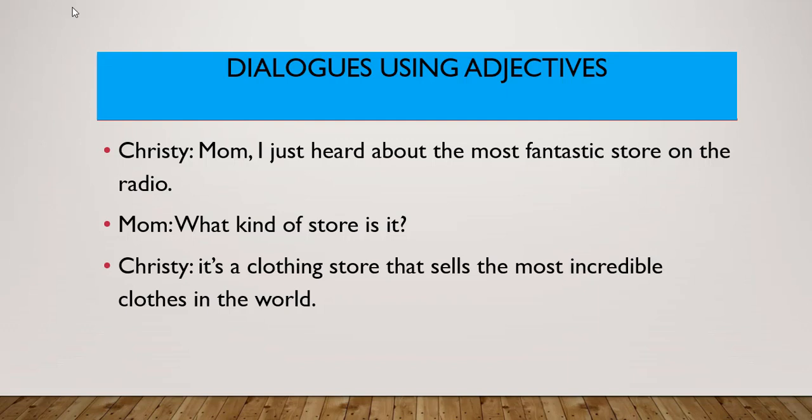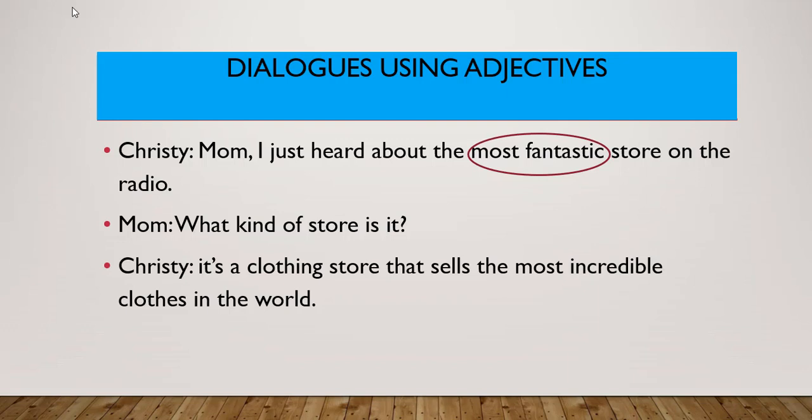Now, look at this conversation between Christy and her mom. In the first line, we identify the adjective, which is most fantastic. Then the mom says, what kind of store is it?